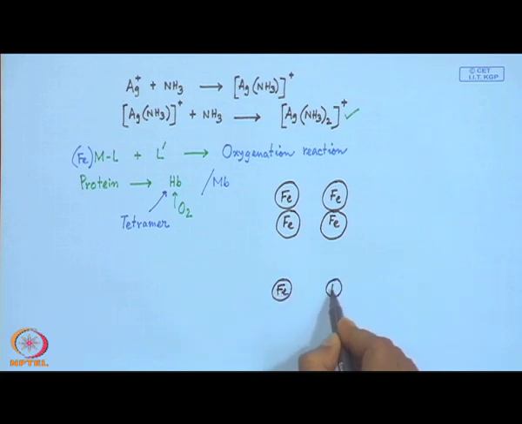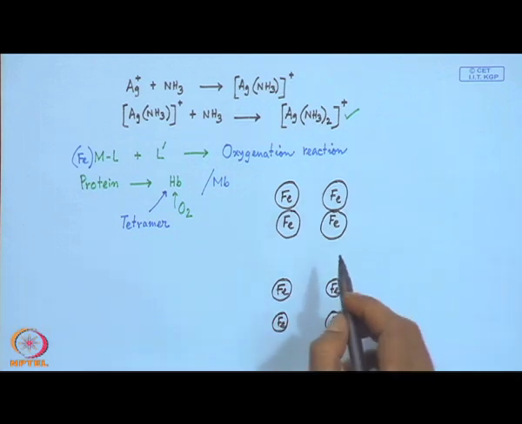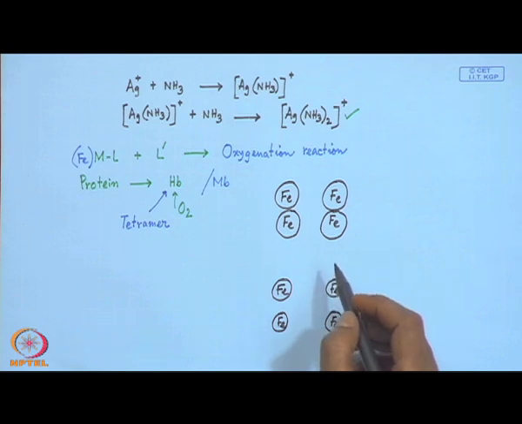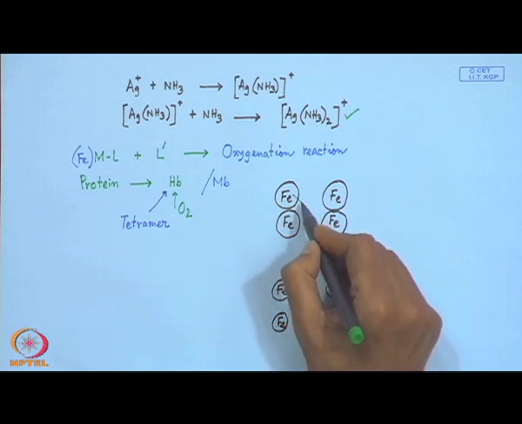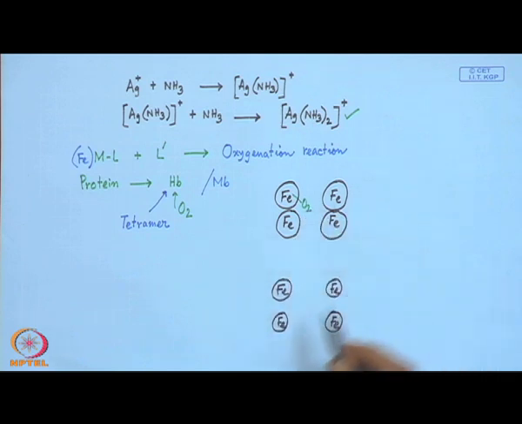oxygen. So, this oxygenation reaction of the tetrameric hemoglobin molecule can be considered as a corresponding binding of the O2 in a stepwise manner.